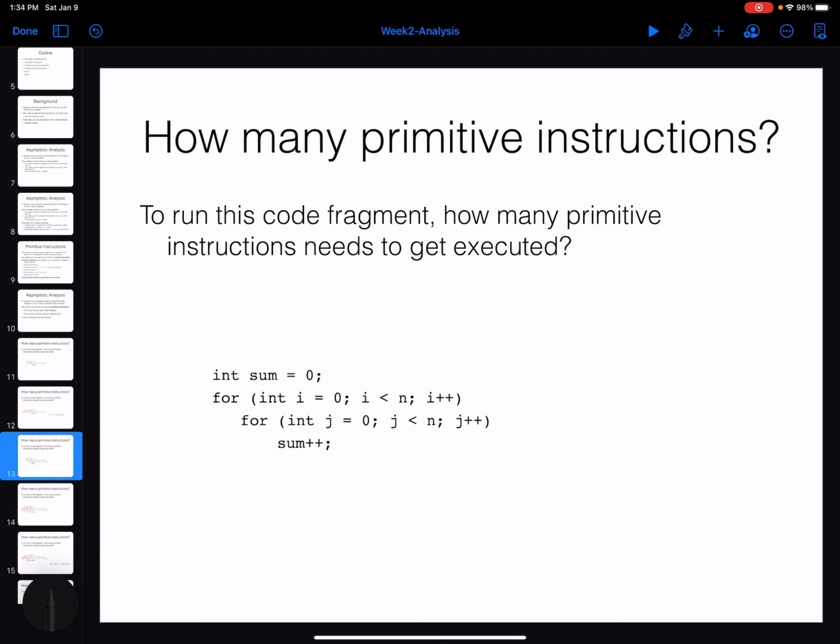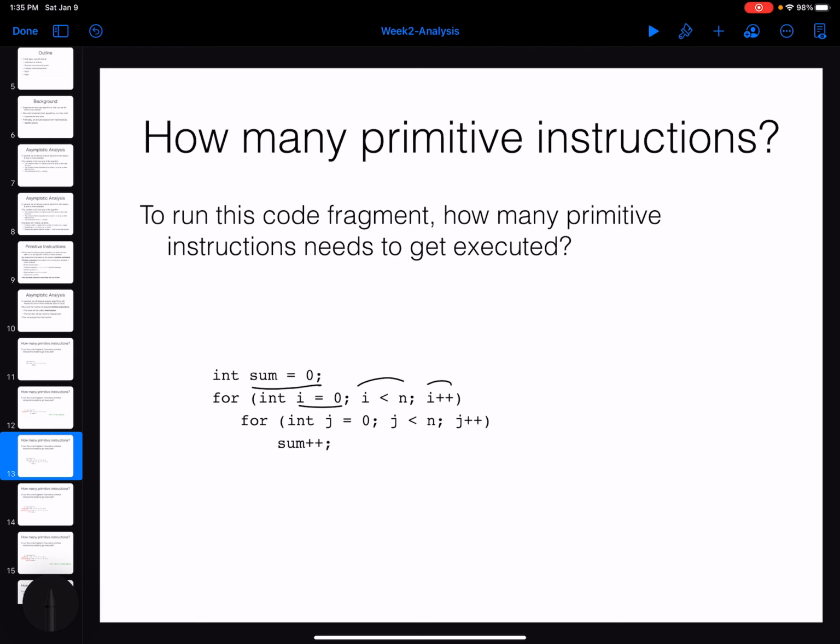So let's do another example. This time, as you can see, I have 2 nested loops. So it might actually look a little bit more complicated. I have one initialization here, right? I have n number of comparisons for this one, and increments for this.